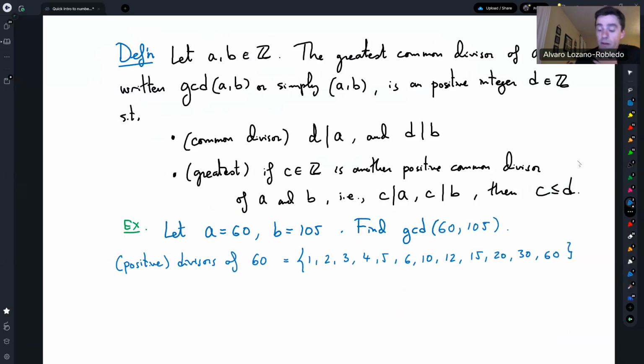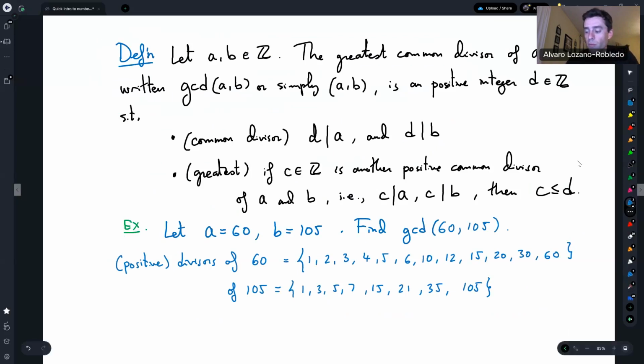Great. And then what are the divisors of 105? The divisors of 105 are 1, 3, 5, 7, 15, 21, 35, and 105. And again, I found those by brute force, by trying every number and seeing which one divides, which is very time consuming. We should not be doing that, but we're doing it here just to show that this is an algorithm, but it's a bad algorithm.